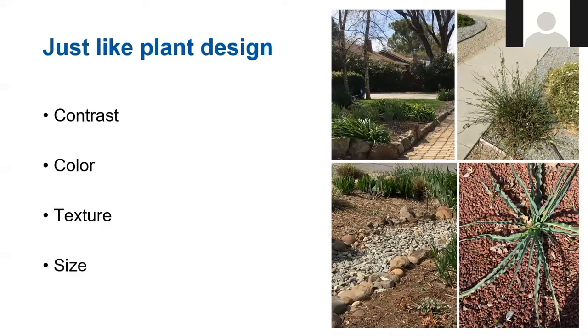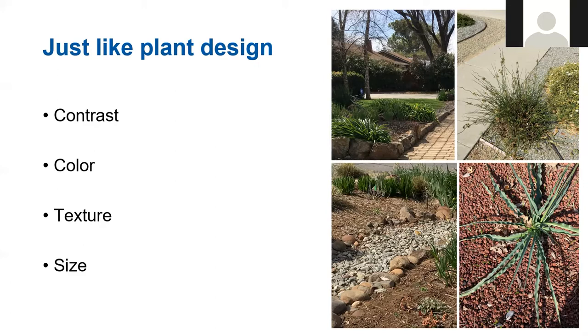And just like plant design, when you're thinking of using mulches, you can think in terms of contrast, color, texture, size. Here we have pavers that are going to let water go back into the soil, and they contrast with the rough boulders next to them.